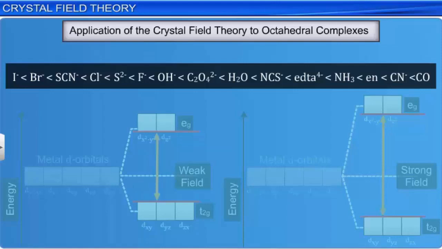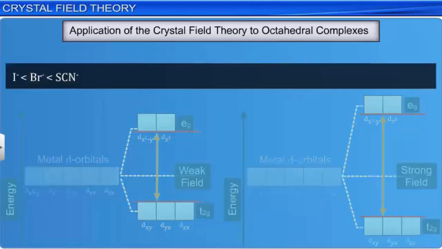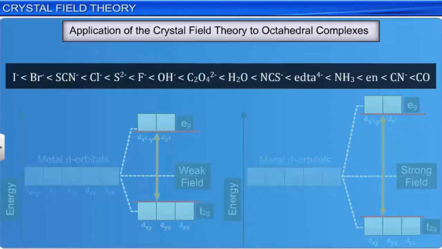Carbonyl has a strong field splitting energy, whereas iodide has a low field splitting energy. Or carbonyl is a strong field ligand, whereas iodide is a weak field ligand.